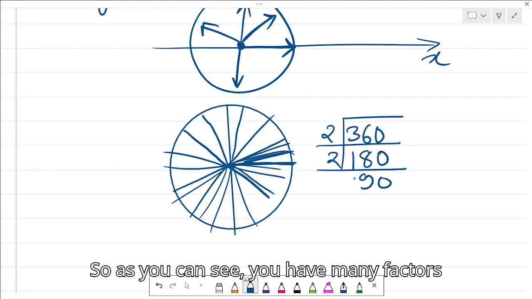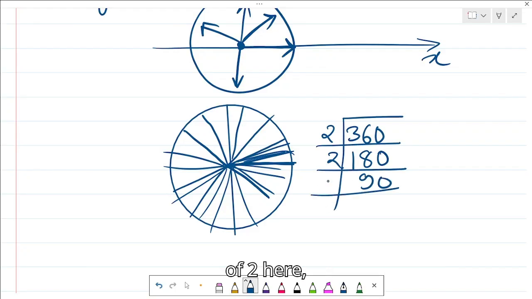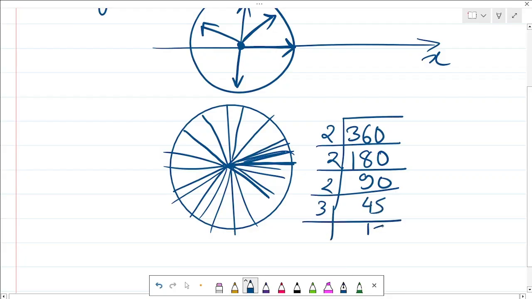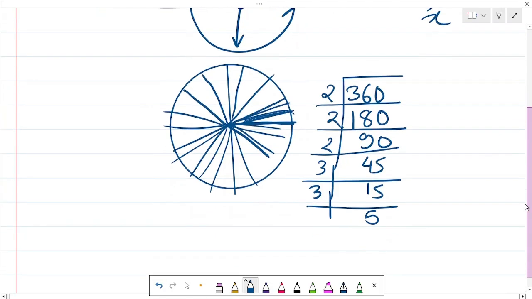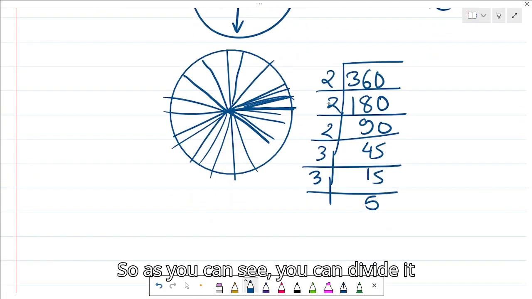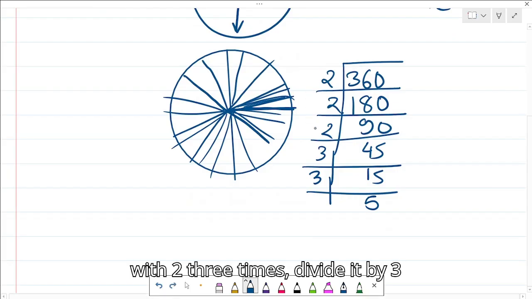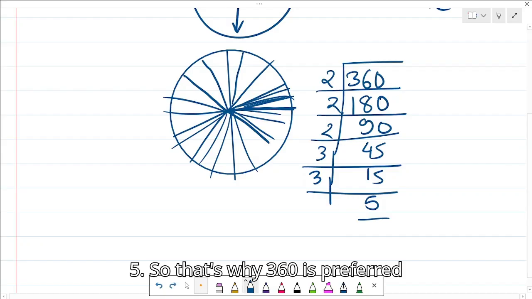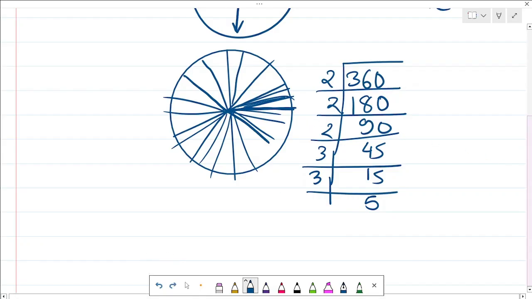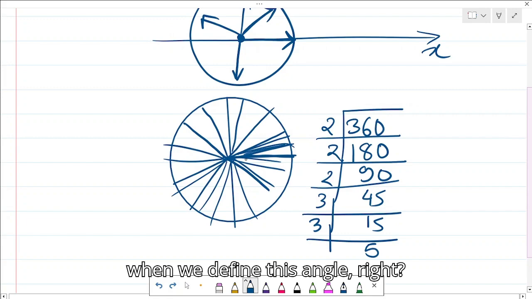As you can see, you have many factors of 2 here, a factor of 3 here, another factor of 3, and a factor of 5. So you can divide it by 2 three times, divide it by 3 two times, and you can even divide it by 5. So that's why 360 is preferred when we define this angle, right?